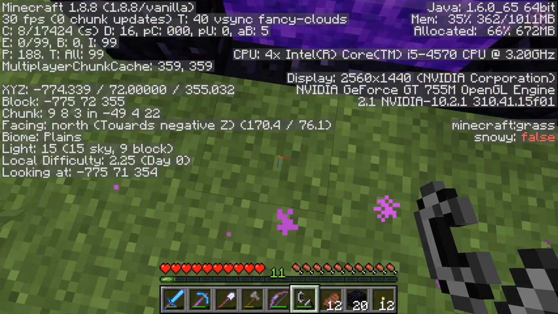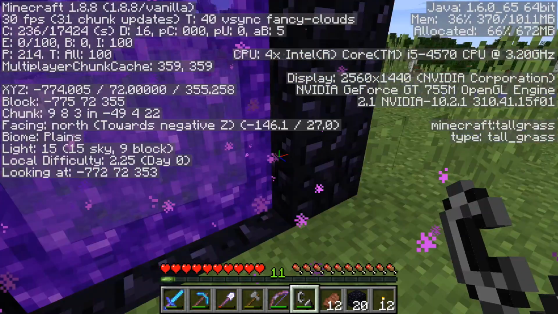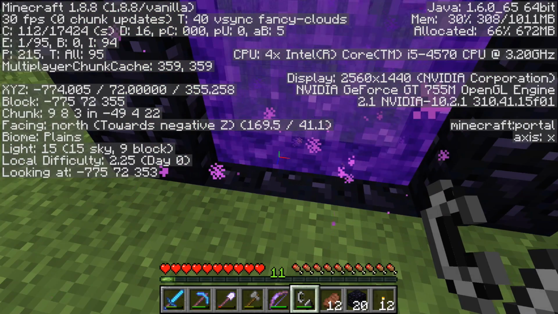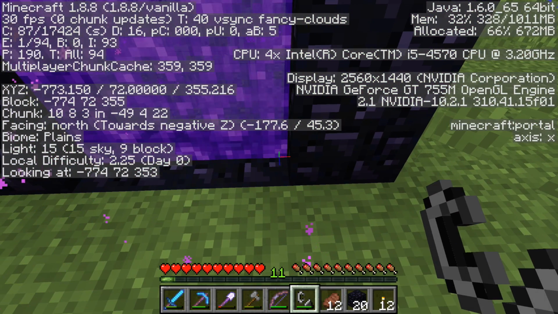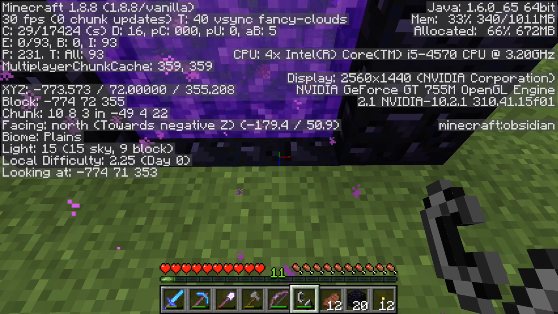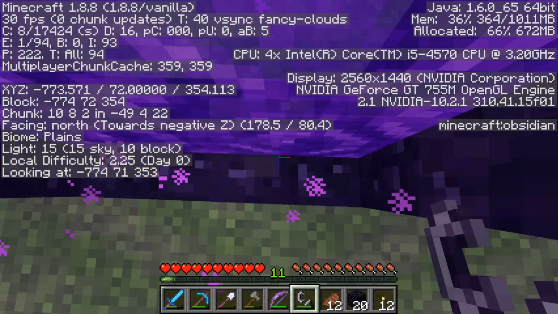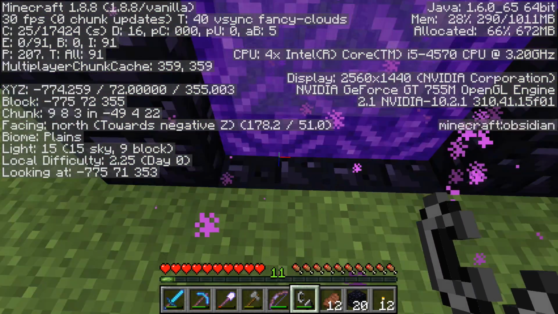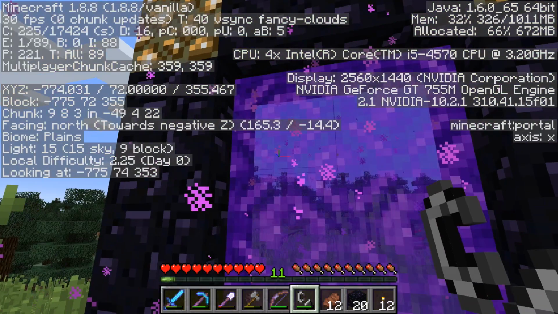If you have a wider portal, then of course mark that, but I'm just going off of a two wide portal right here. So negative 774 and negative 773 is the X coordinate. Make sure you write that down, whatever your coordinate is in your world. And then positive 353 is the Z coordinate. So positive 353 on both, negative 773 and negative 774.